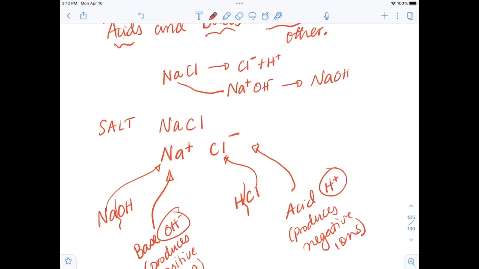Since the chloride came from the acid parent, you end up with the acid parent. Okay, so add the OH minus to get the base parent, add the H plus to get the acid parent, and essentially you have these two. So by looking at the child, you can figure out what the parents are. Sodium chloride was made from sodium hydroxide and hydrogen chloride.